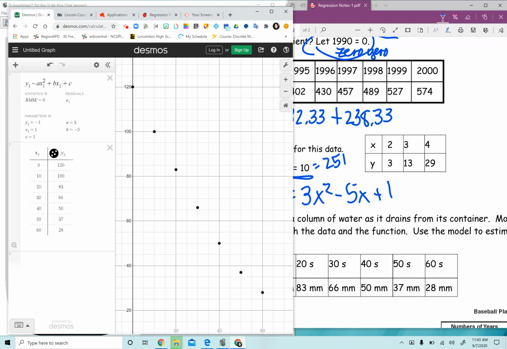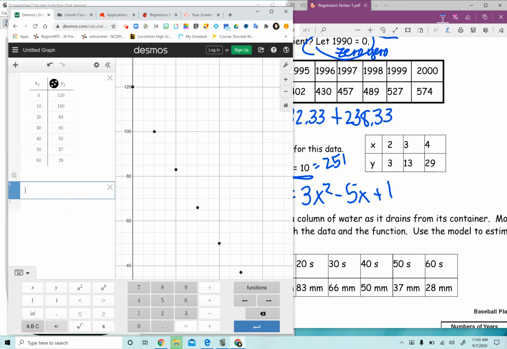It looks like it didn't like it up there. We got to put it in down here.